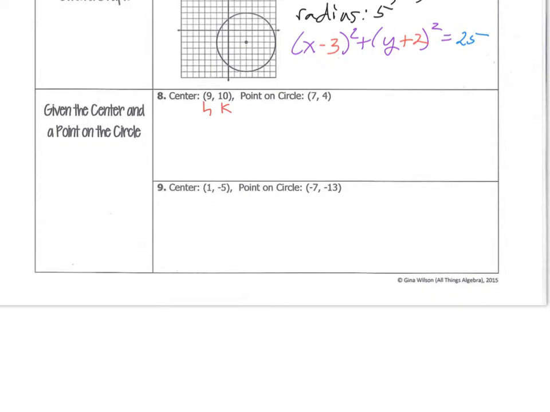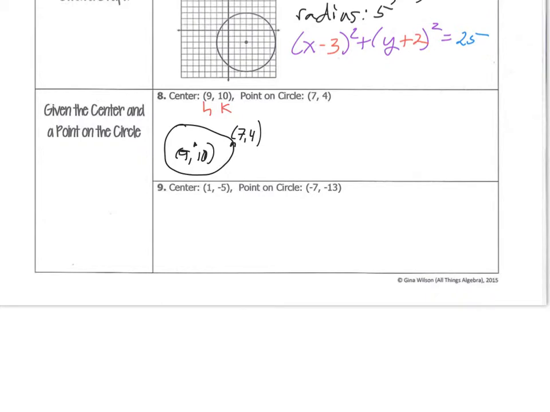So I like to just draw a little picture of what they've given me. And so, for instance, let's just say that right here is that center, and then this would be a point on the circle. So this point is 7, 4, and this point here is 9, 10, let's just say, for chuckle's sake.